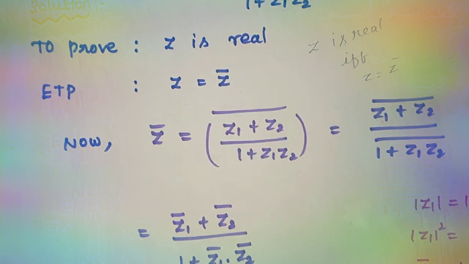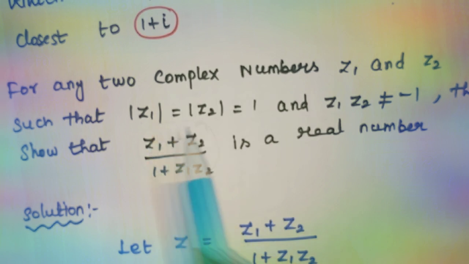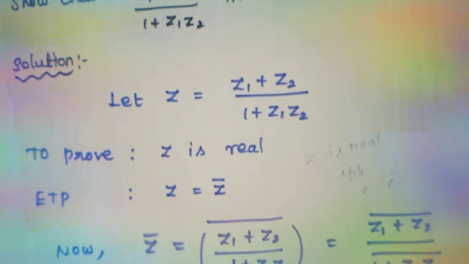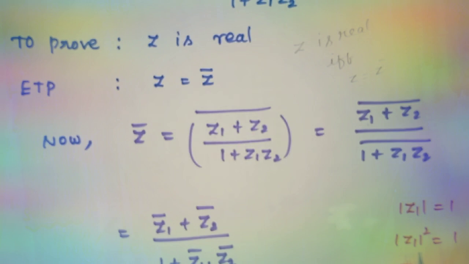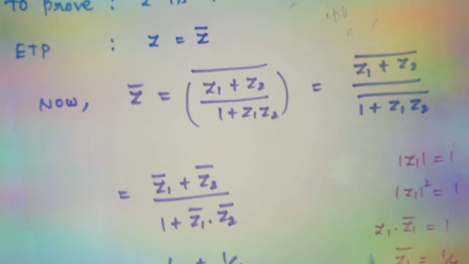Here it is given that modulus of z1 and modulus of z2 equal 1. So modulus of z1 equals 1 means modulus of z1 square equals 1. Here mod z square equals z into z bar, we know. So we only have to apply here z1 into z1 bar equals 1, so z1 bar equals 1 by z1.